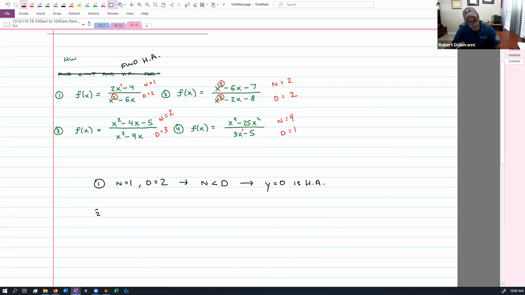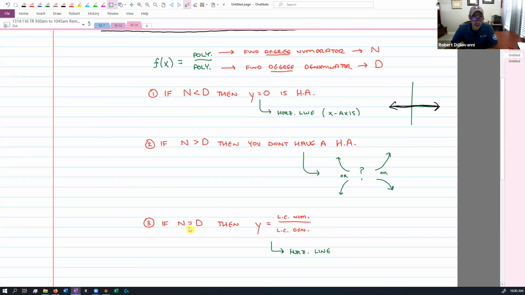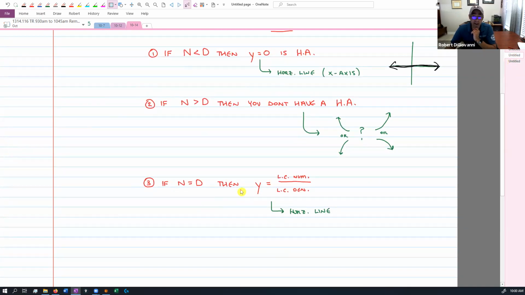Let's look at number 2. On number 2, N is 2 and D is 2. They're both the same, so they're equal. According to my notes, if they're equal, then we're going to have a horizontal asymptote, and it's going to be a horizontal line.